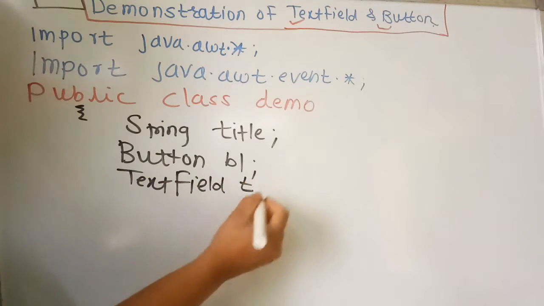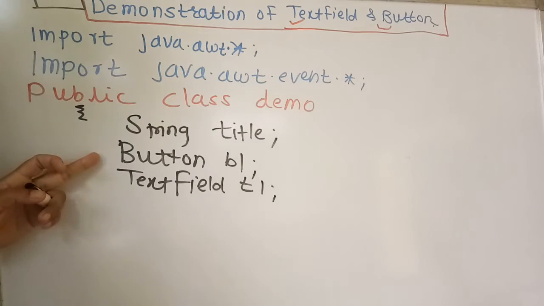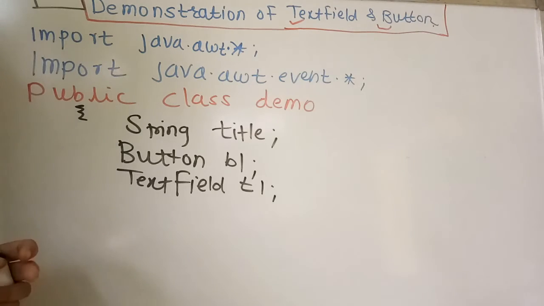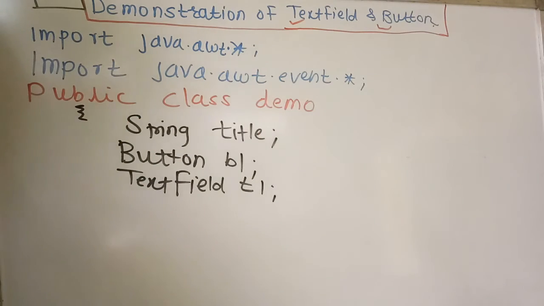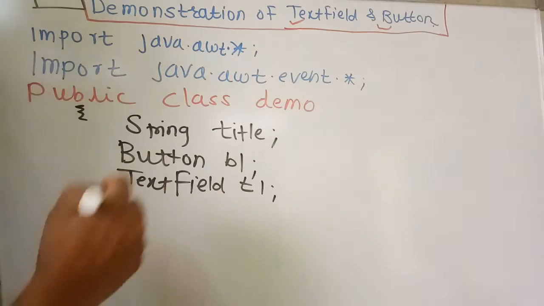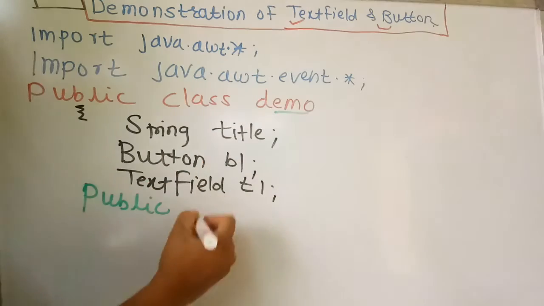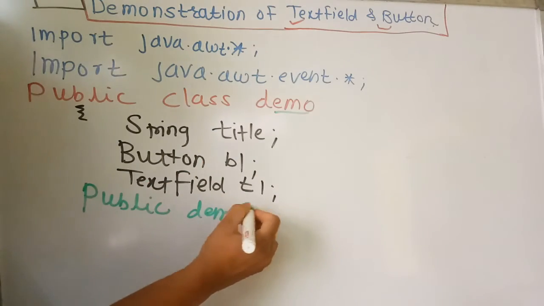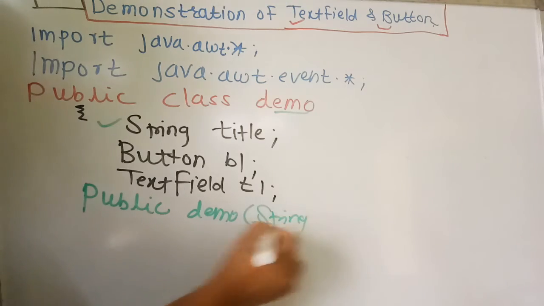Now we will initialize all these in the constructor of this class. So how will we create the constructor? The constructor will be created like public, then the class name, and we will pass it a String title.